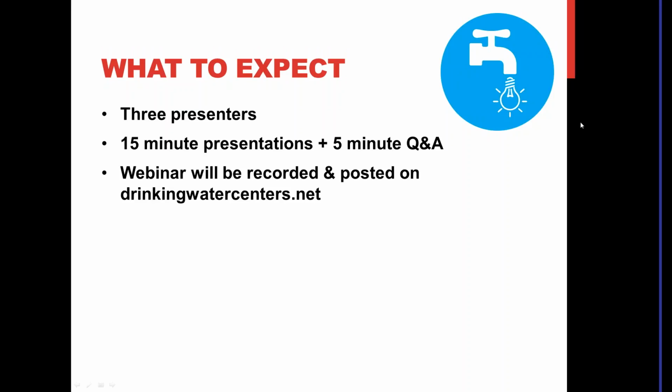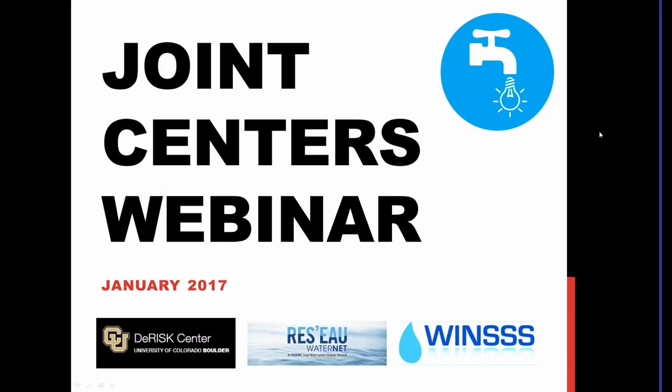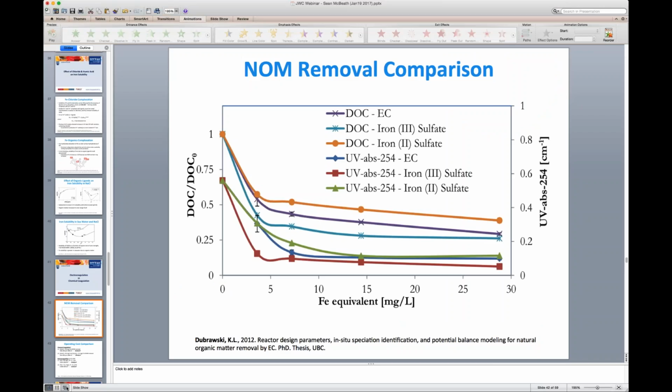All right, so we have a comment question here for Sean from Chad. Chad asks, can you comment on the comparative efficiencies between direct ferric coagulation versus EC dosing? Yeah, actually I have a slide here. If you could let me share my screen. Okay, can you see the slide that says NOM removal comparison?